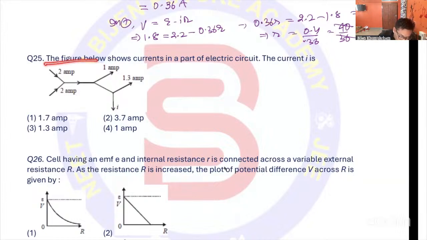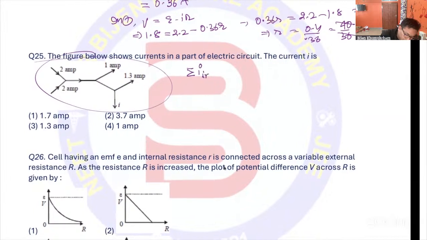The figure below shows current in a part of an electric circuit. What is the current I? Since there is no battery involved in between, what we have written inside the class also is that the current entering this whole circuit equals the current going out of the circuit.